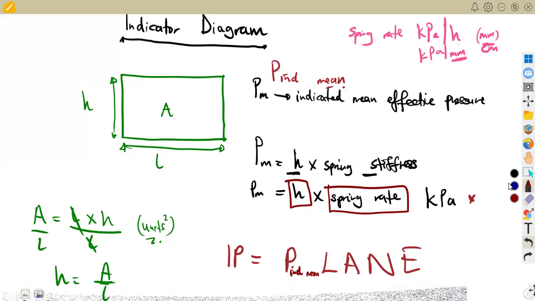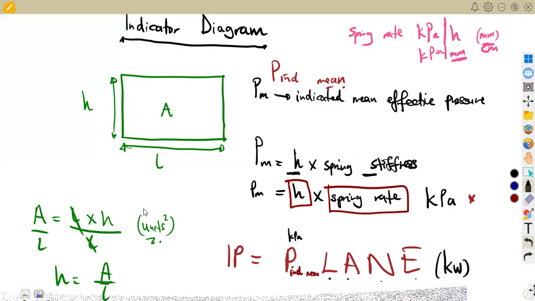And I talked about this, that if this is in kilopascal, it means your answer is going to be in kilowatts. So these are some of the questions that maybe you might have later on.